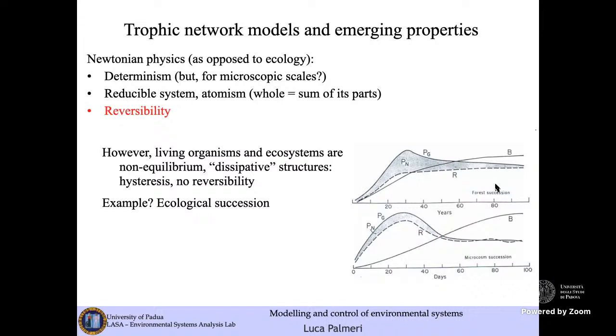What we mean by hysteresis is that the path going in one direction, for example in forest succession, is different from the path going in the reverse direction. We have several examples of this kind of hysteresis. The first graph here represents forest succession, while the second represents microcosm succession. So here we are describing the succession of large organisms, forests, trees, and here the succession of small organisms, bacteria.